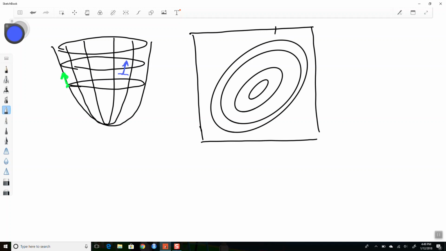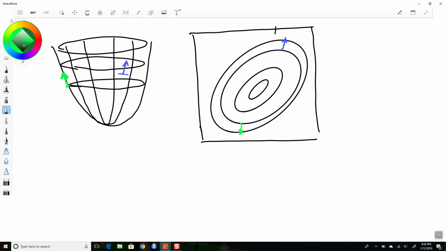Generally, the gradient at some location is going to be a line that is perpendicular to the tangent line.